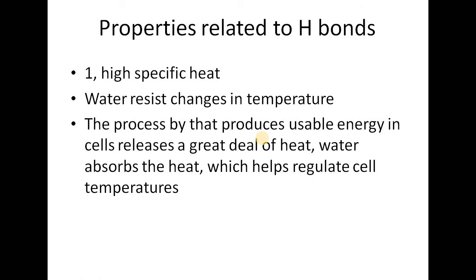Now also water has a high specific heat. What is the meaning of high specific heat? It's the amount of energy needed to raise 1 gram of a substance 1 degree centigrade. In water, it has the highest specific heat compared to other materials and substances.